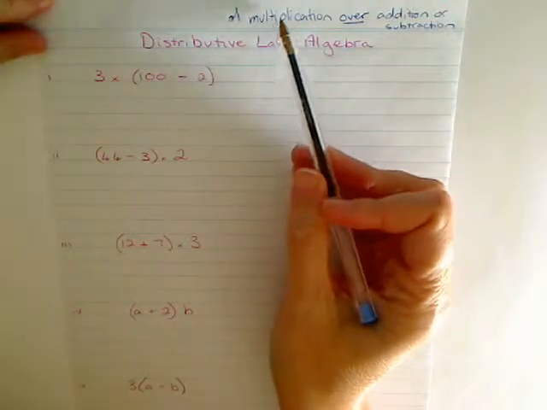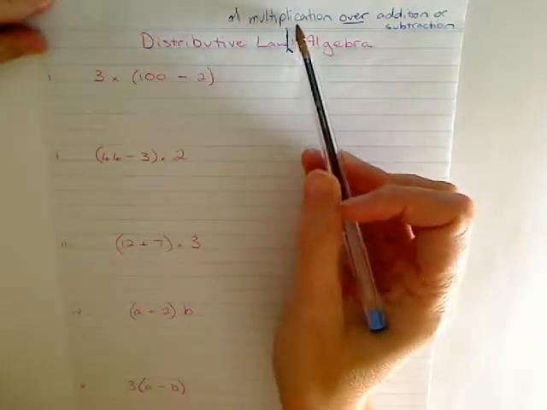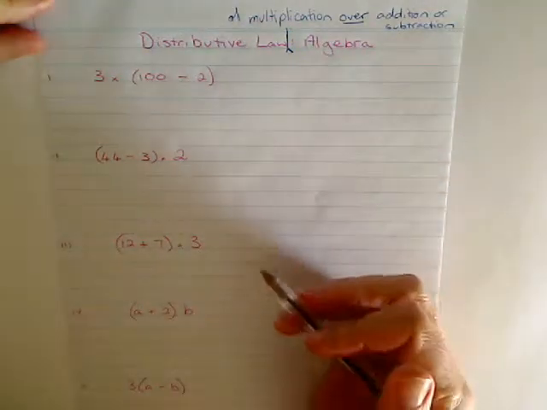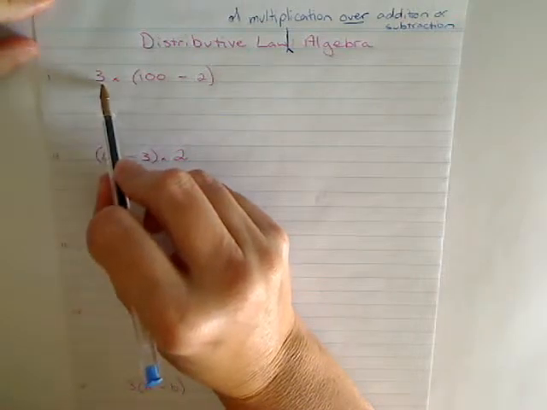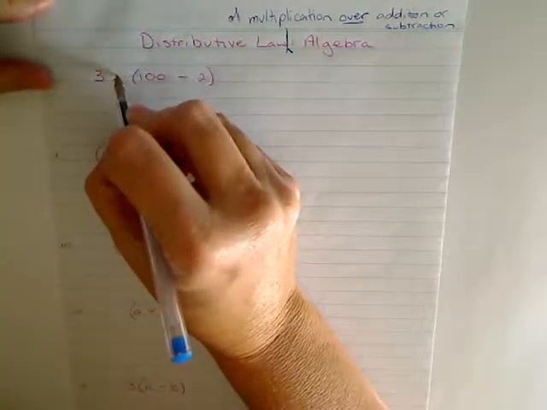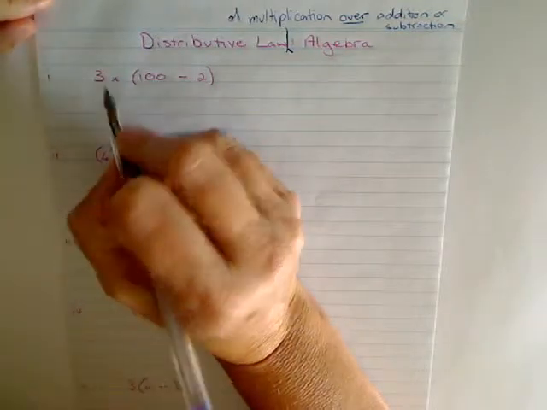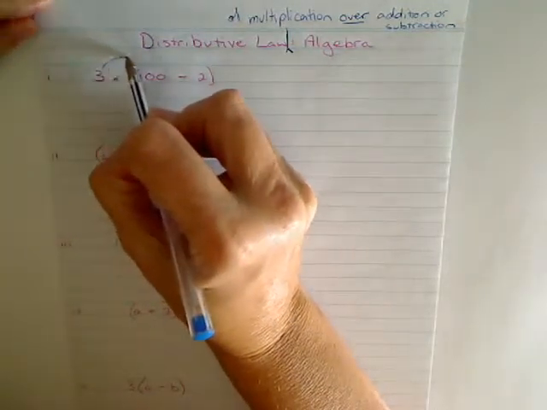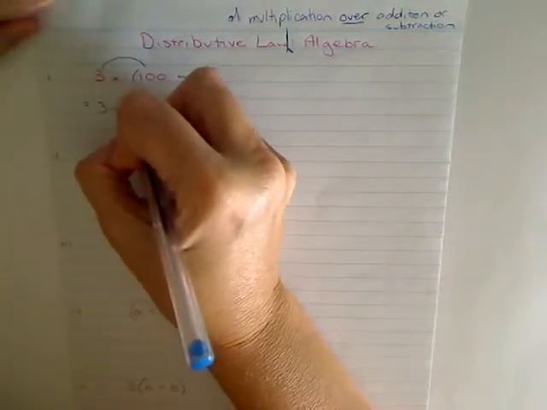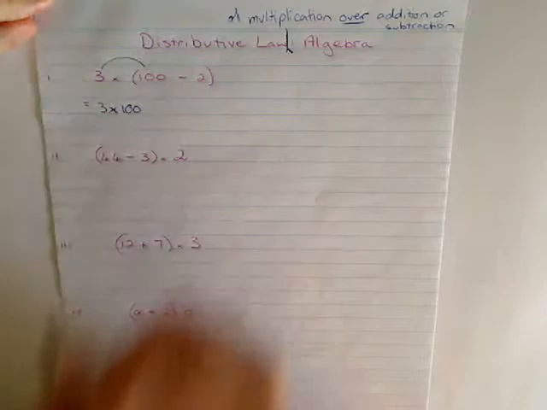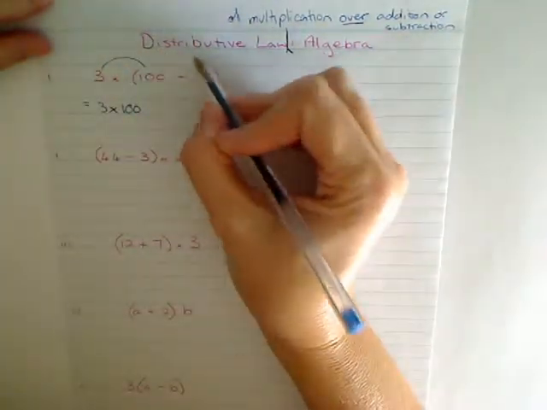We're using the multiplication, and we're going to distribute that multiplication over the top of addition or subtraction. So I take the number here on its own, and we've got the little multiplication symbol there. It's not always written, sometimes it's implied. We say 3 multiplied by 100. You don't have to write this line if you don't want to. And then 3 multiplied by 2.